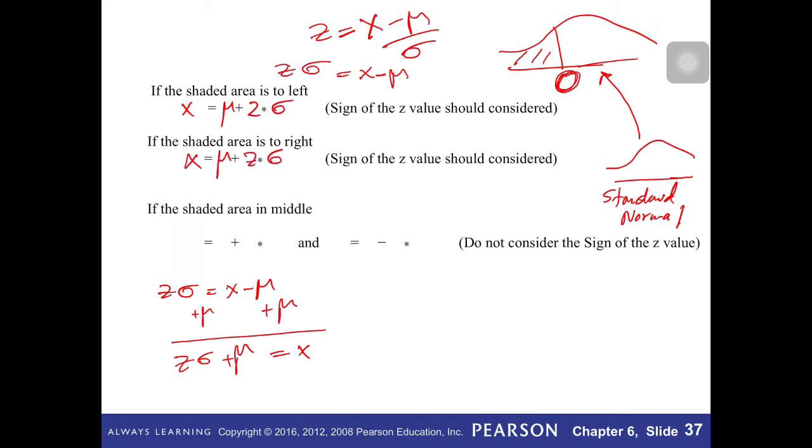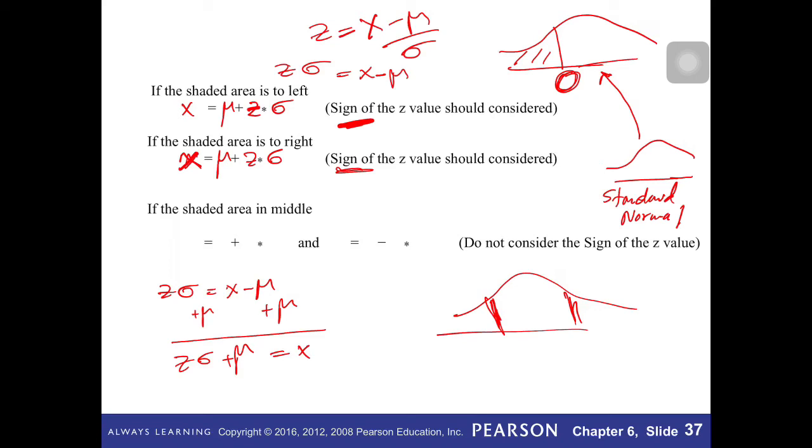So you have to be careful with this sign. If you have a negative c, when you put the negative c, those values can change. Which means these two values, this side and this side, depend on the sign of the c value. If the c score is negative, then that value becomes less than this value.